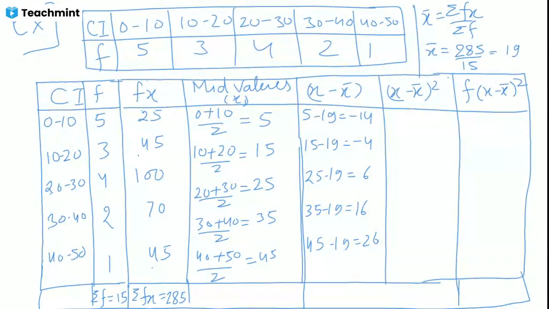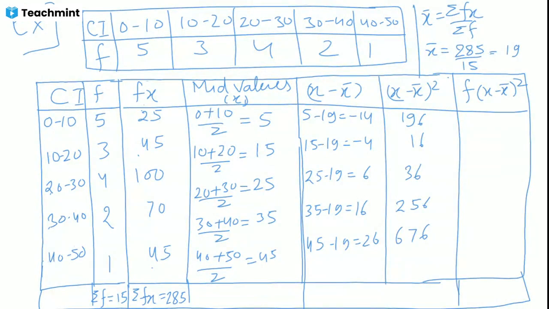So x minus x bar whole square, let us find. So this is 196, 16, 36, and 256, and 26 into 26, we have 676.